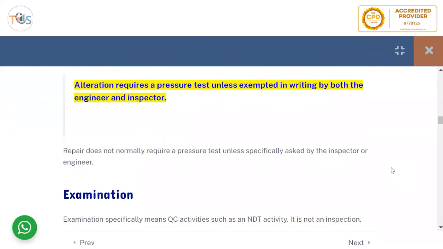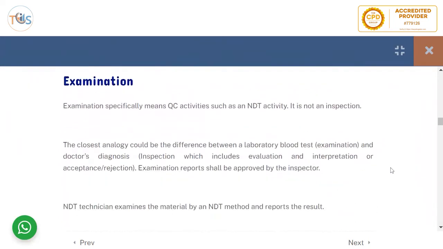Now, what is examination? They say it's a QC activity. Some people call it NDE, some people call it NDT. The term NDE, non-destructive examination, is taking prominence over NDT, non-destructive testing, because testing is reserved for mechanical testing, such as pressure tests, tensile tests, and hardness tests.